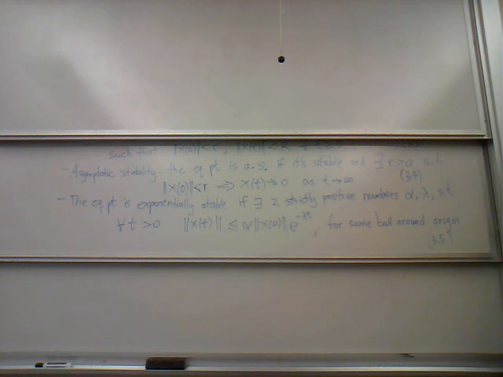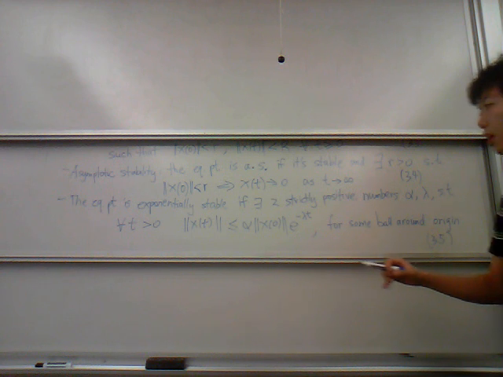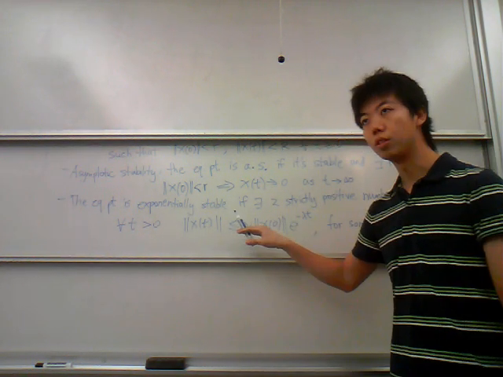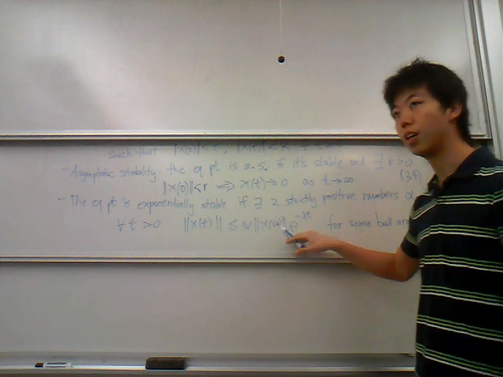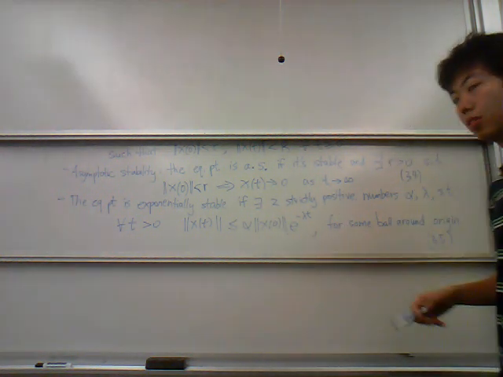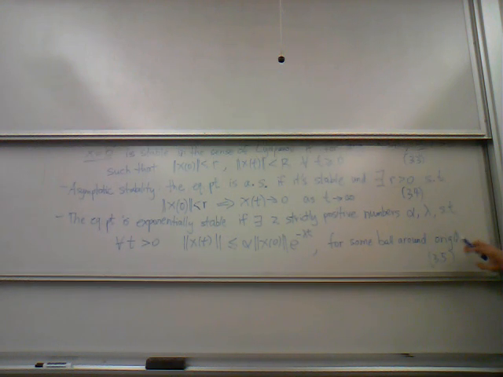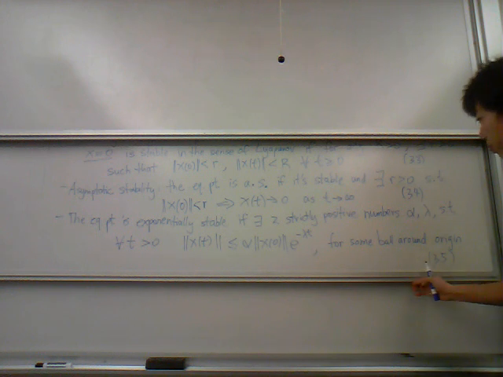So this is 3.5. This means that it's exponentially stable if the system is decreasing at a rate that's at least as fast as the exponential function. It's pretty straightforward. We don't use this one too much, but it's there because the other two don't really give us a measure of how fast things are going to 0.